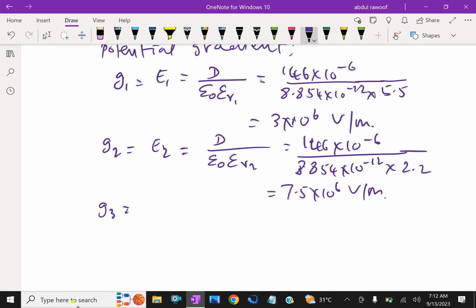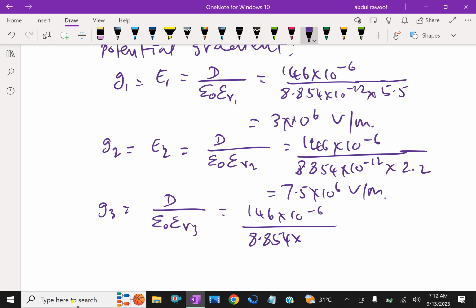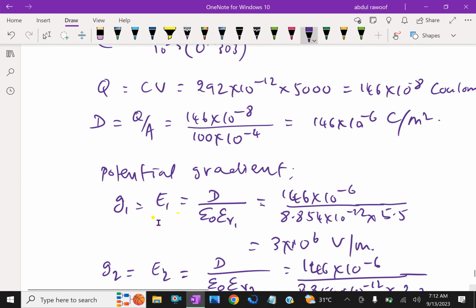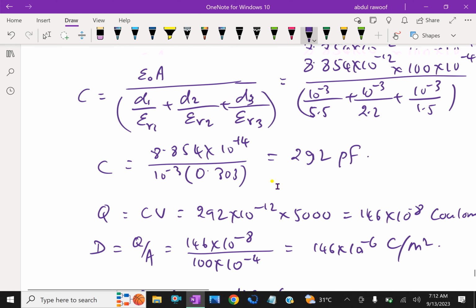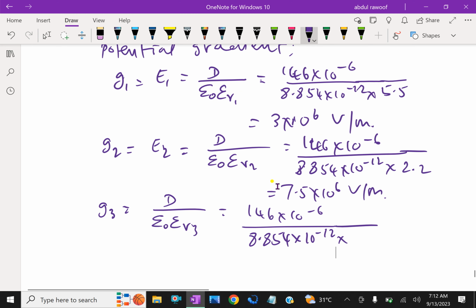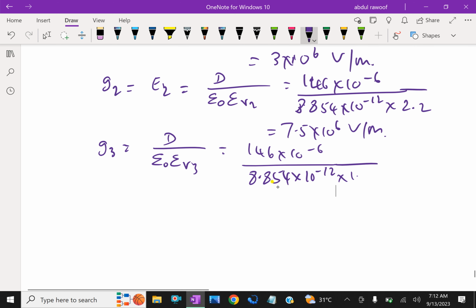Similarly, G3 is D by epsilon 0 epsilon R3, equal to 146 into 10 power minus 6 over 8.854 into 10 power minus 12 into 1.5 for the third dielectric, which gives 11 into 10 power 6 volts per meter.